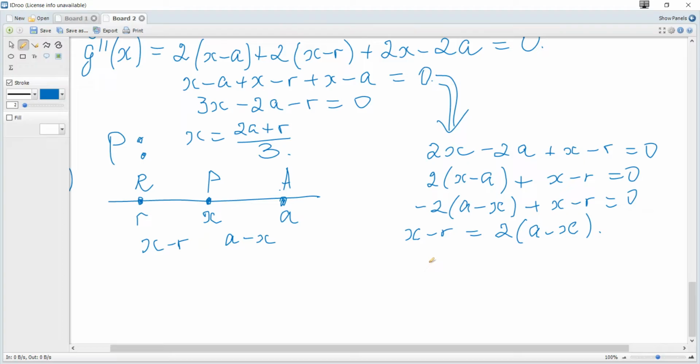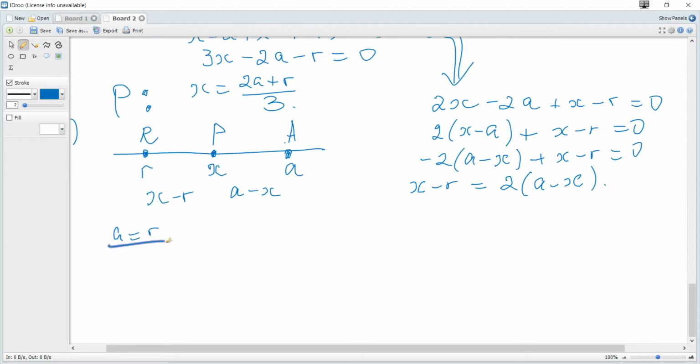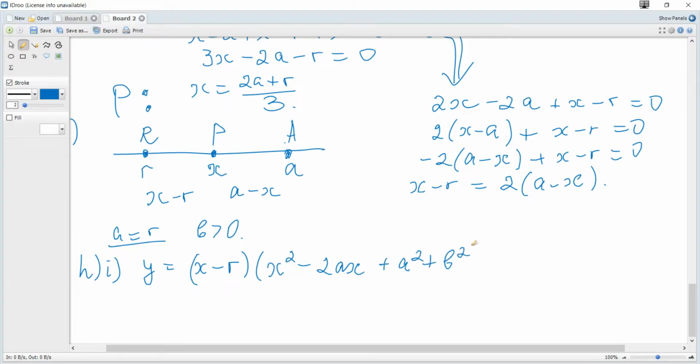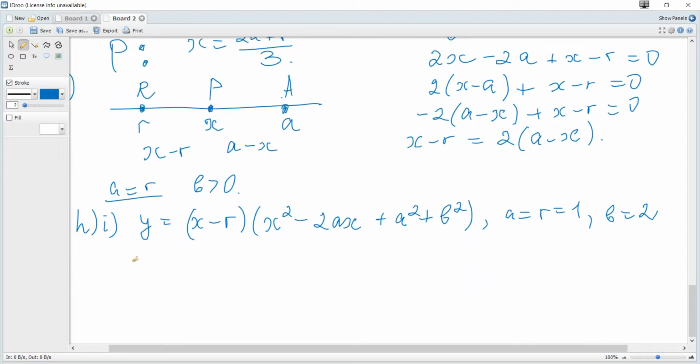And the next, consider the special case where a is equal to r and b is positive, and part H(i). Sketch the curve y is x minus r, x squared minus 2ax plus a squared plus b squared, for a equal to r is 1 and b is 2, so we can just substitute it and get x minus 1, x squared minus 2x plus 1 plus 2 squared plus 5.